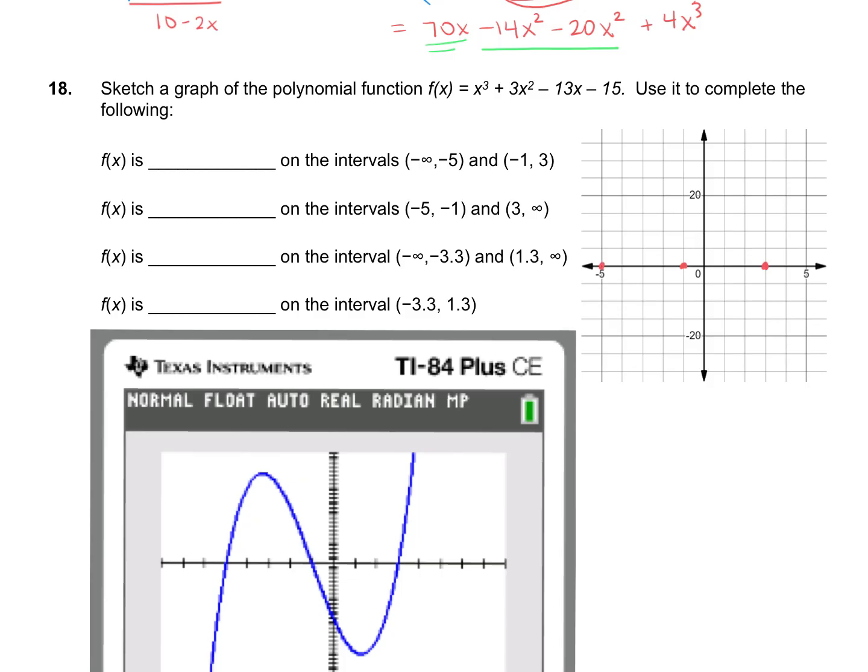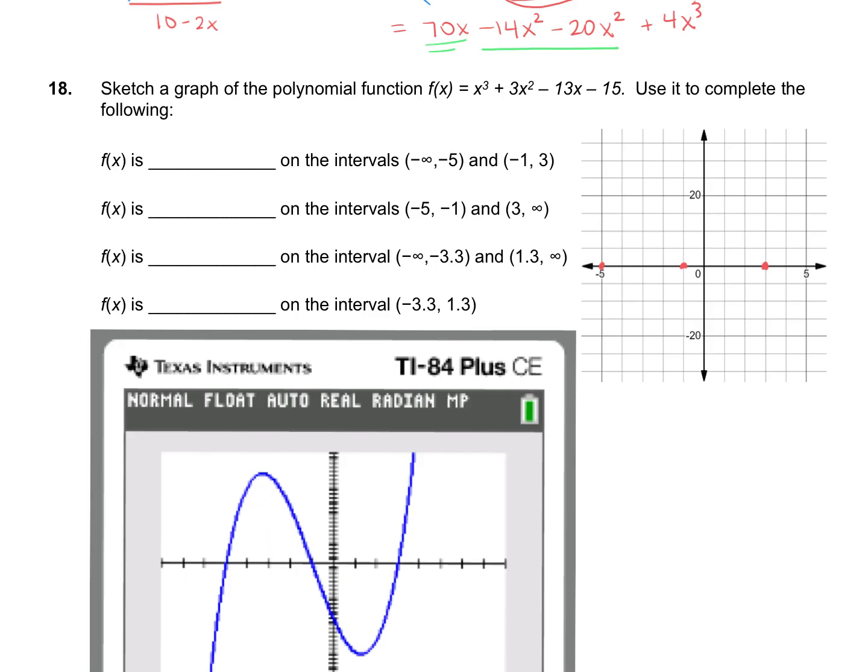Then what we want to pay attention to is we can see we're coming up from this side. We're going to turn right here. So what is the x value where that's happening? I can see negative 1, 2, 3, just a little bit after that negative 3, we're going to turn.